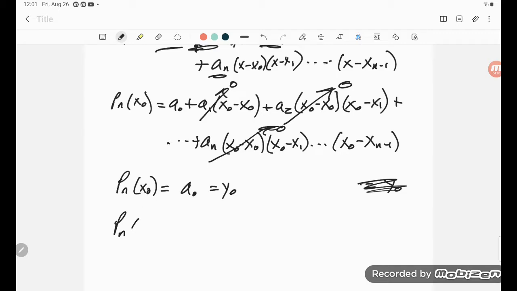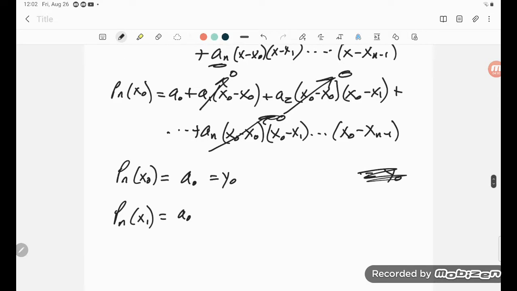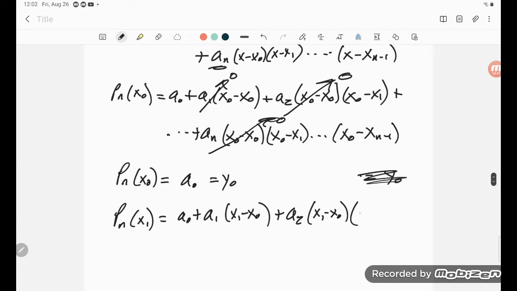So Pn of x1, though, now if we look at that, well, we'll get a0. And looking here, we put our x1 in there. And so we'll get plus a1 times x1 minus x0. But then for a2, we'll have that x1 minus x0 term, but we'll also have x1 minus x1.